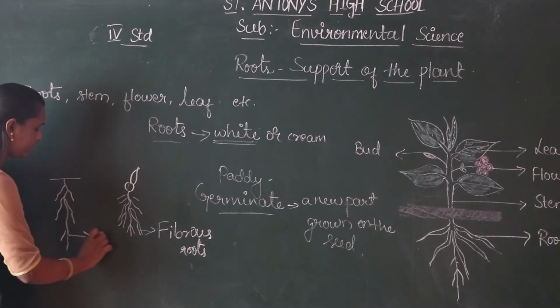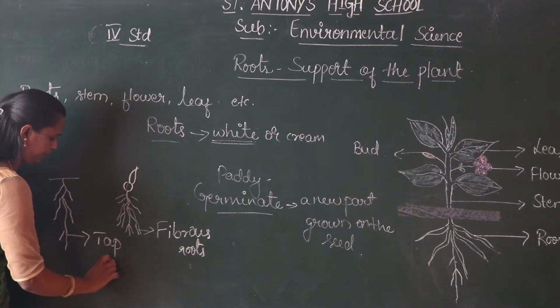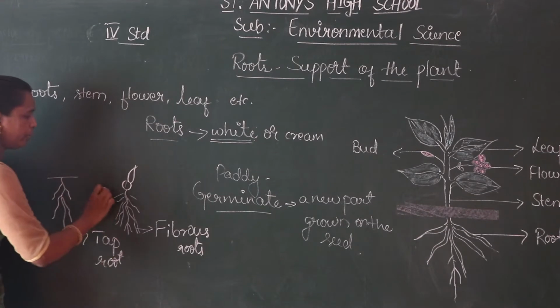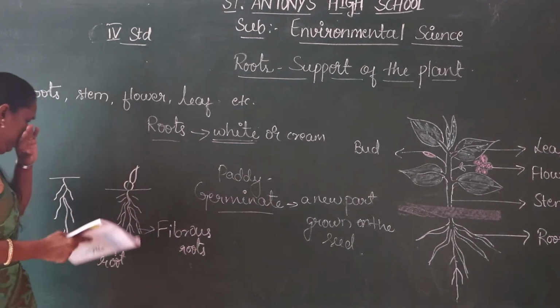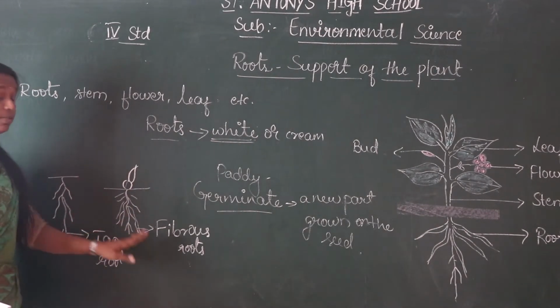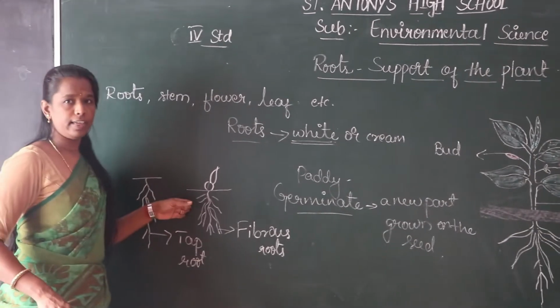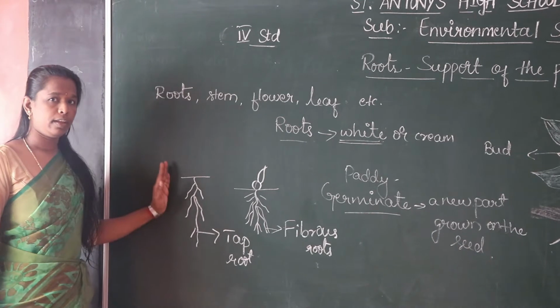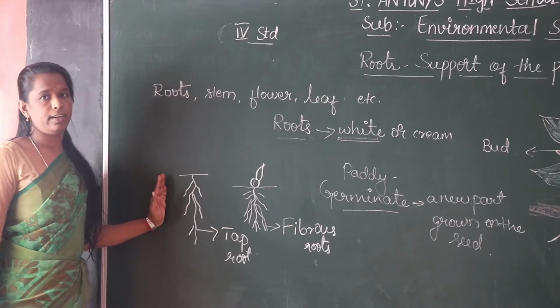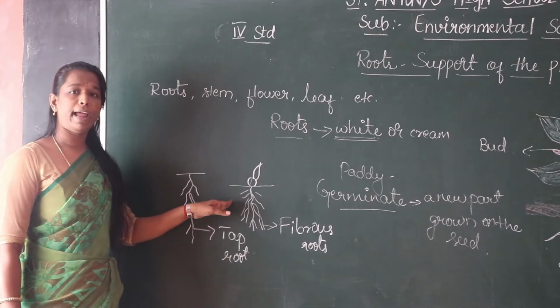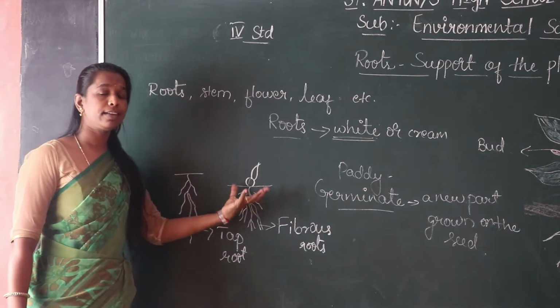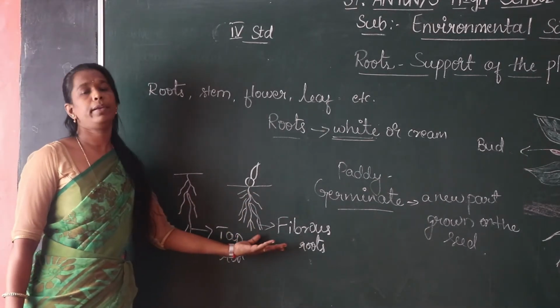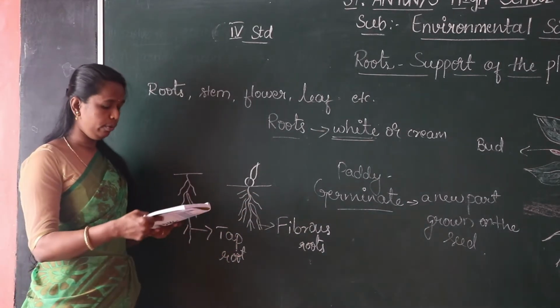This is called taproot. An example for fibrous roots is ragi, whereas an example for taproot is tulasi, etc. Fibrous means cluster.